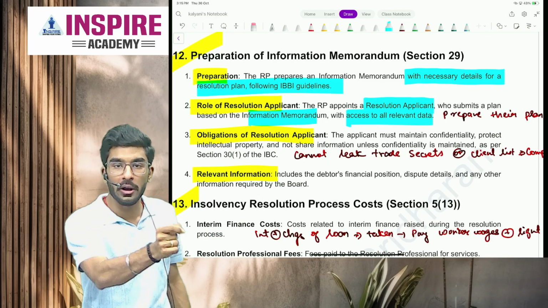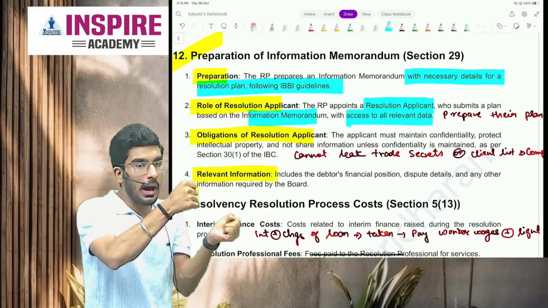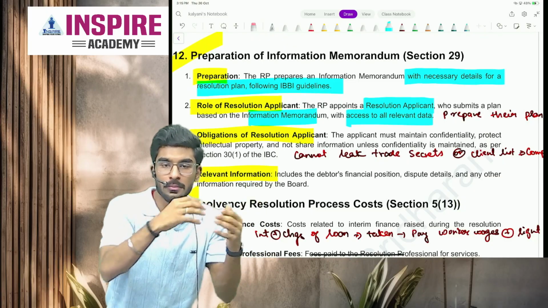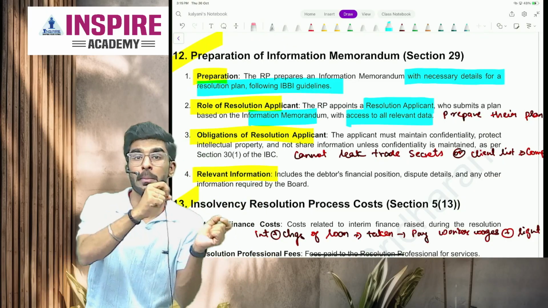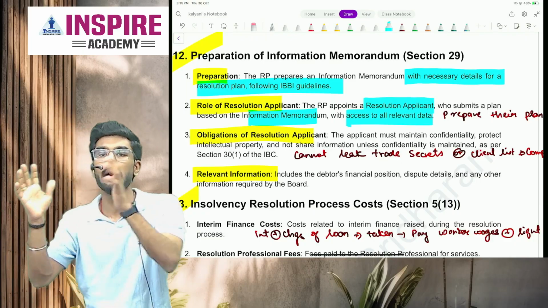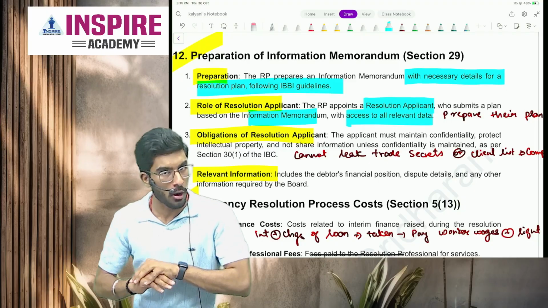Now, who will appoint them? RP will appoint the resolution applicants. After resolution applicants submit, the resolution professional will present these plans to the committee of creditors so that they can take the best decision whether to proceed forward with this resolution plan or not.